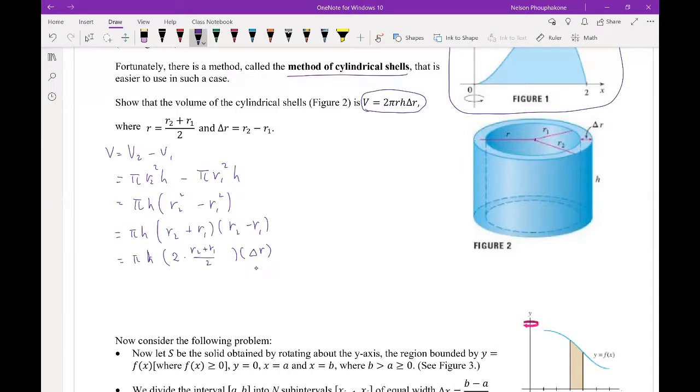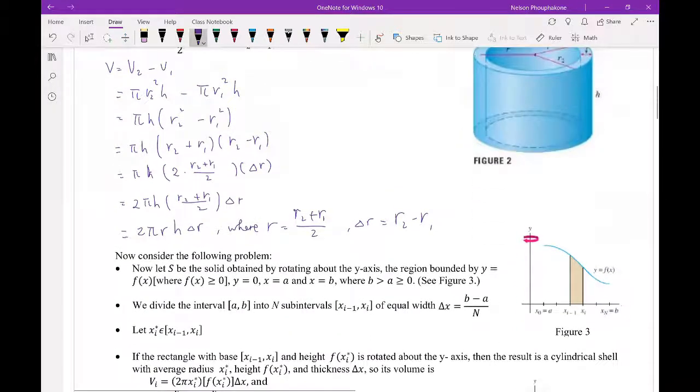Then we have 2 pi H times R sub 2 plus R sub 1 over 2 times delta R. Now we let R equal R sub 2 plus R sub 1 over 2. So we have 2 pi R H delta R, where R equals R sub 2 plus R sub 1 over 2, and delta R is R sub 2 minus R sub 1.